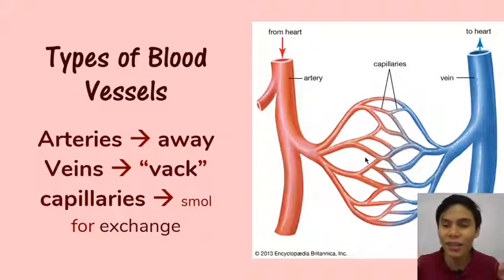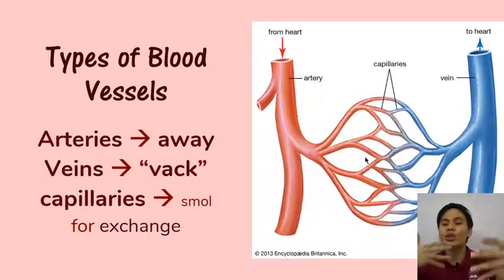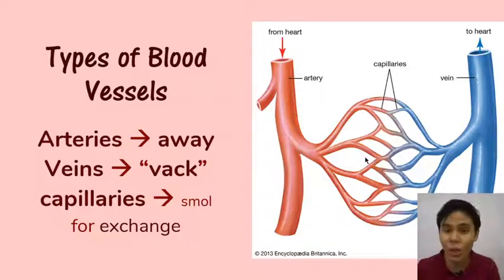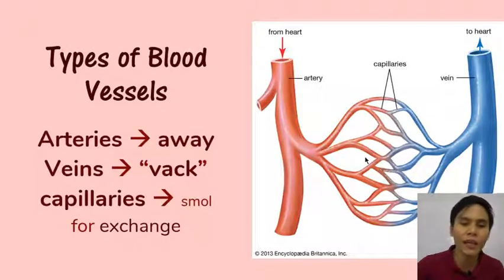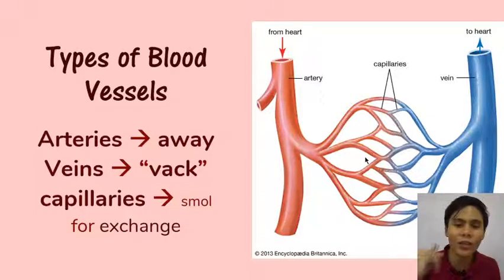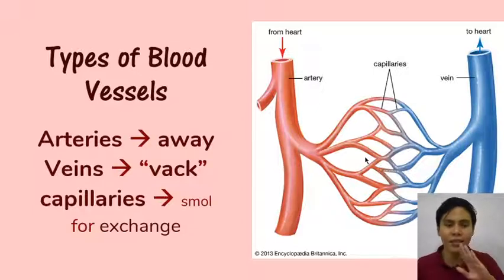Surface area is basically how much surface there is on the thing, and the more surface there is, the more area for exchange in and out of the vessels. So these tiny capillaries maximize surface area, allowing for more exchange of those nutrients and gases. Don't forget, arteries away from the heart, veins back to the heart, and capillaries, they're small for exchange.